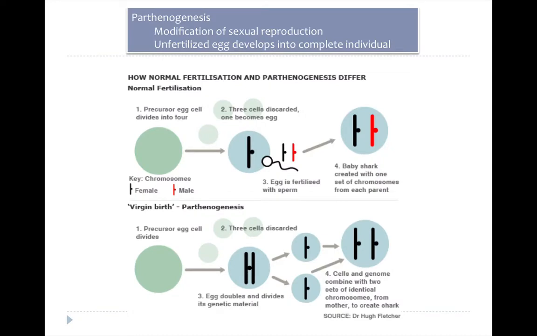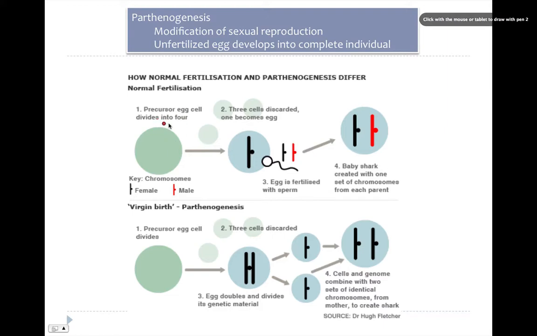And the third type of asexual reproduction is called parthenogenesis, where a male is not necessary, and instead the female finds a way to combine two eggs and the genetic content of the two will become the new individual's genetic content. So normal fertilization works like this.